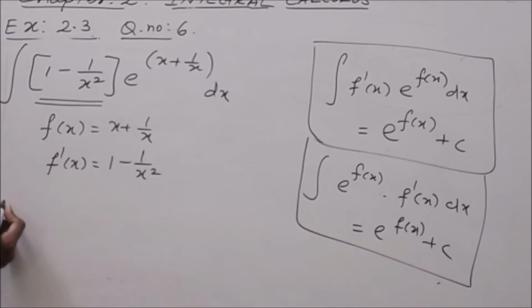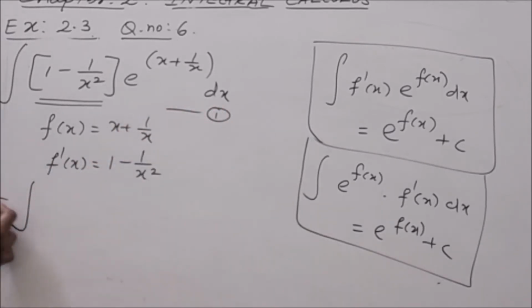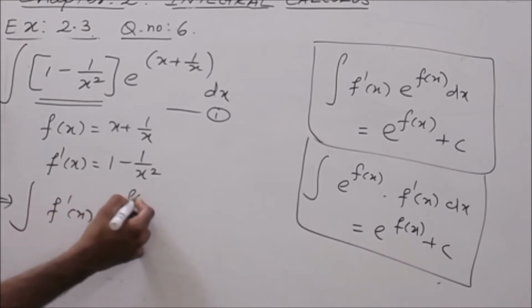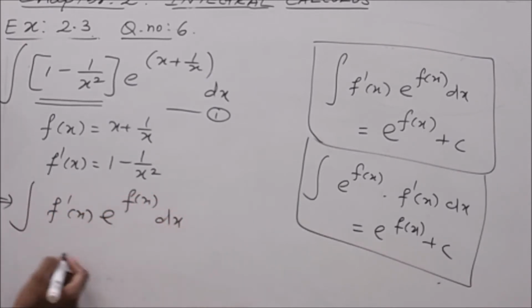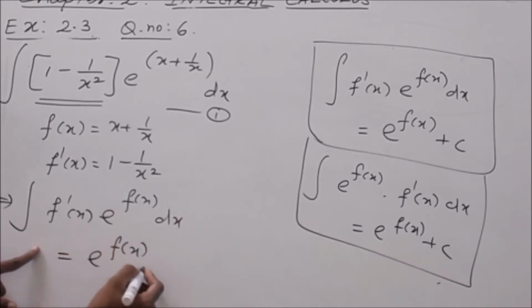So we can conclude the result here: integral f dash of x e power f of x dx will be equal to e power f of x plus c.